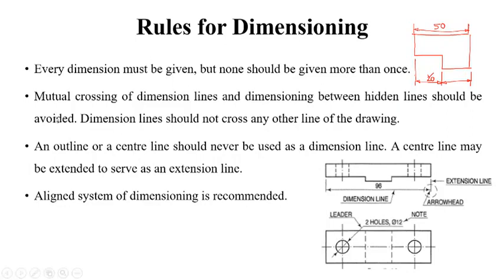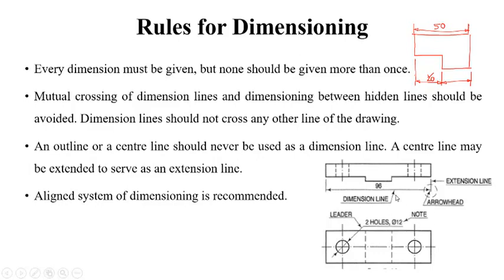Then mutual crossing of the dimension lines and dimensioning between hidden lines should be avoided. Dimension line should not cross any other line of the drawing. When we give a dimension line, it should not intersect with any other line. This is very very important.